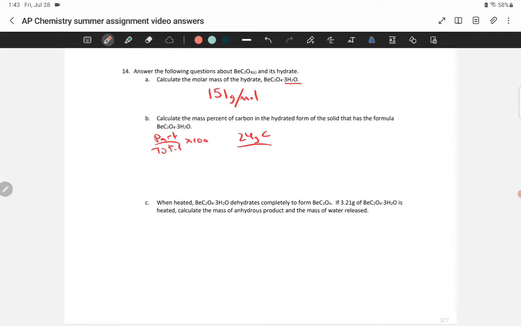So I have 24 grams of carbon, and then I have to divide that by the entire molar mass, which I had just done, which was 151. And then again, percentile means multiplying it by 100, and I get 15.9% carbon.